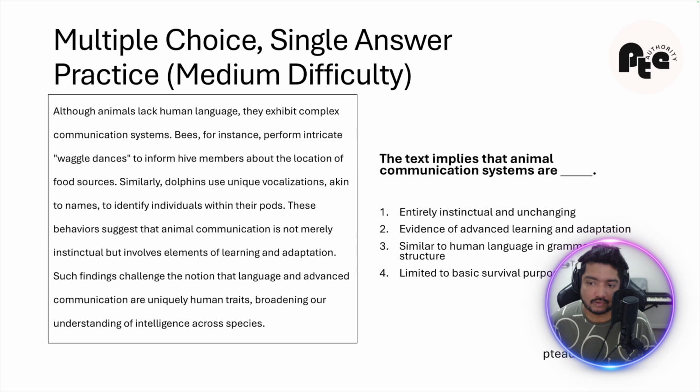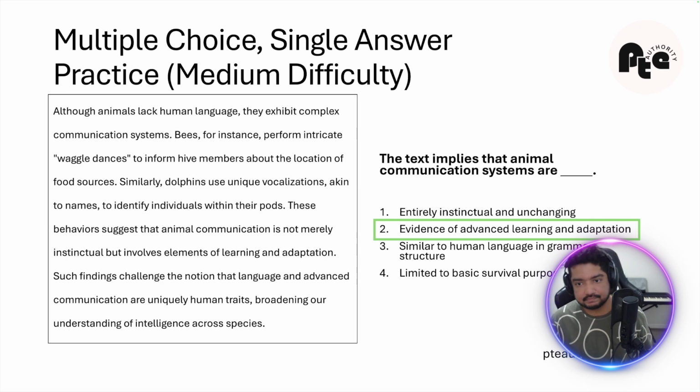We don't talk about grammar and structure in the text, so I'm ruling that out. And option 4, limited to basic survival purposes. No, that is incorrect, because it clearly says dolphins use unique vocalizations to identify individuals within their pods. So it is not limited to basic survival purposes. So I'm going with option 2 by ruling out all other options. So let's see. Yes, option 2 is the right answer.